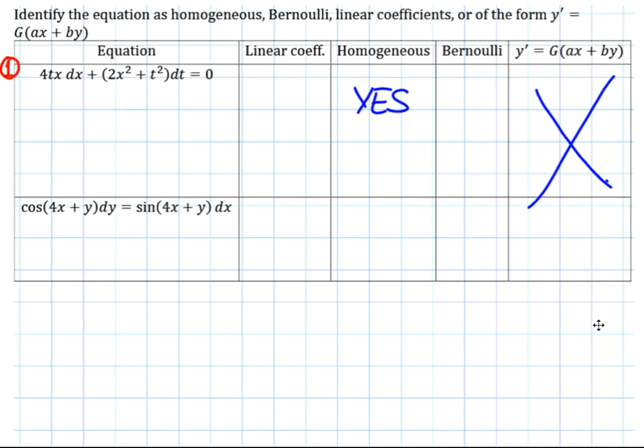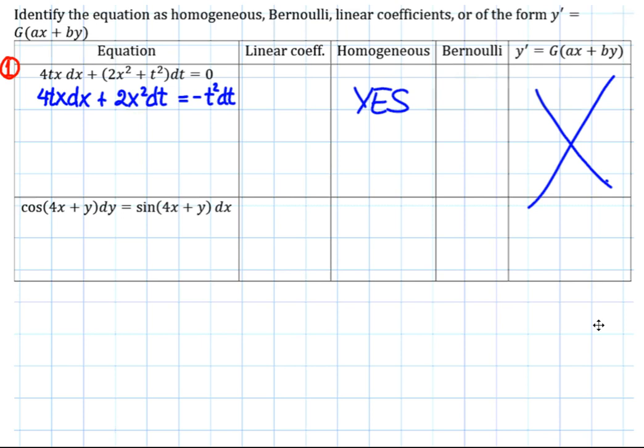So now we check for Bernoulli. That is a little more difficult, but what I do is just multiply this out, and now we move the t squared dt to the other side.